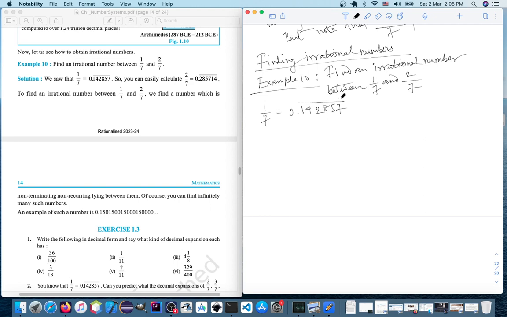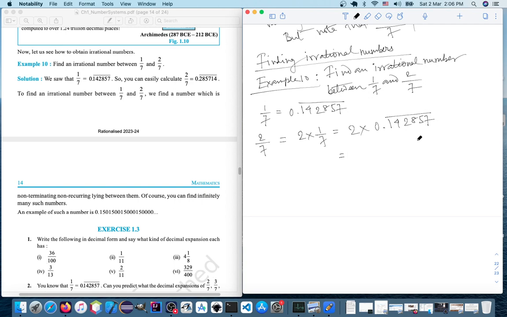Now it is asking us to find an irrational number, and 1 by 7 is this. So what will be 2 by 7? It is basically twice of 1 by 7, so we can write this as 2 into 0.142857 bar.